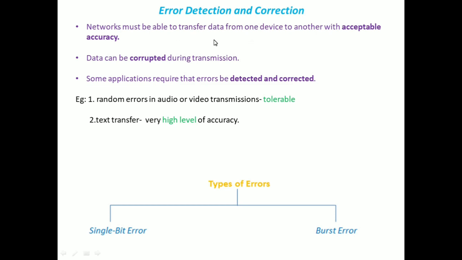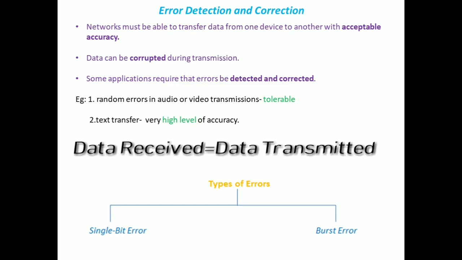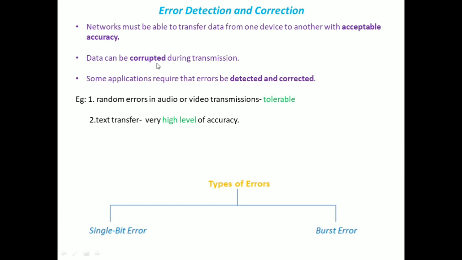If the sender sends one kind of information and the receiver receives another, it is not usable by the receiver. For most applications, a system must guarantee that the data received is identical to the data transmitted. When data is being transmitted in the transmission medium, there is a chance for the data to be corrupted during the transmission.